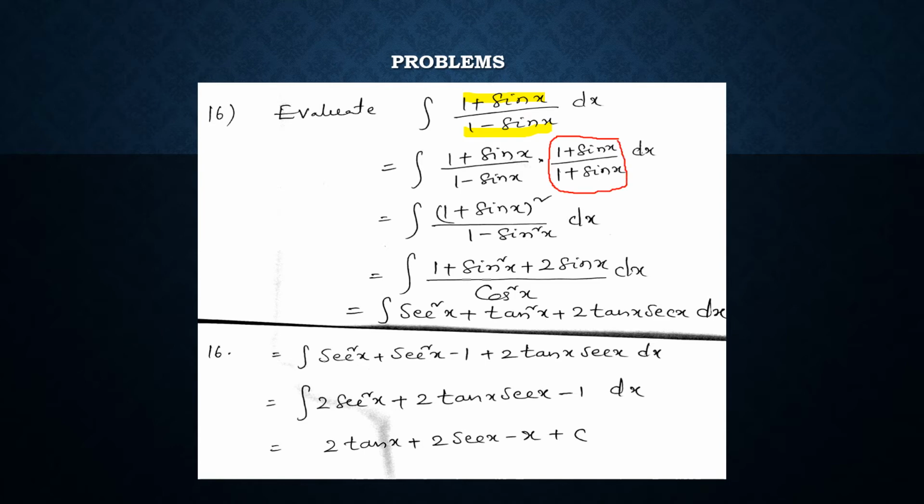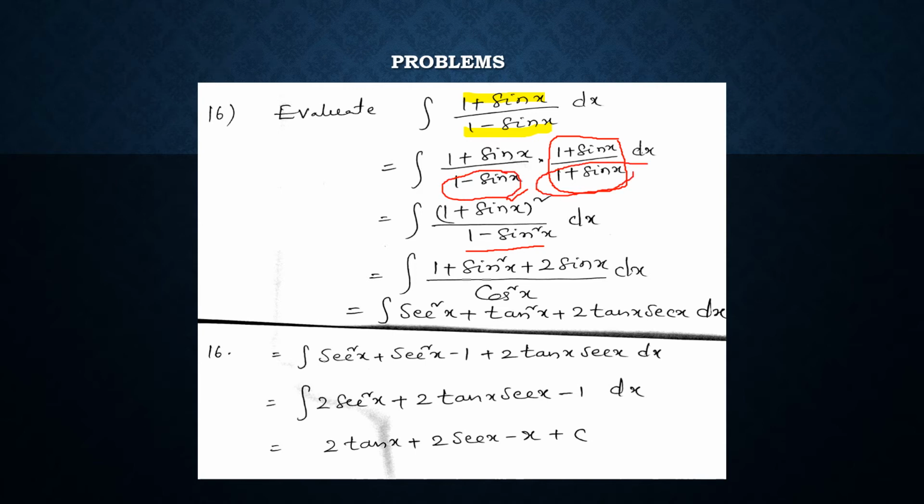So that becomes 1 plus sin x by 1 minus sin x into 1 plus sin x by 1 plus sin x. So that becomes integral of 1 plus sin x whole square divided by 1 minus sin square x dx, because the denominator is in the form of a plus b into a minus b, which can be written as a square minus b square.